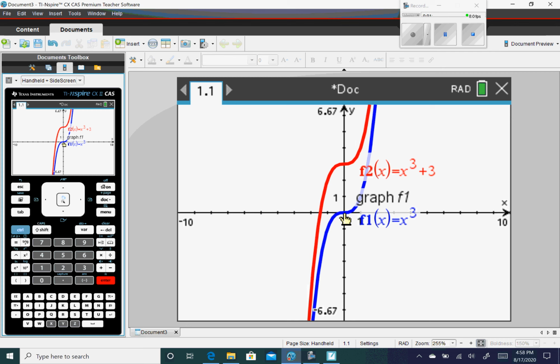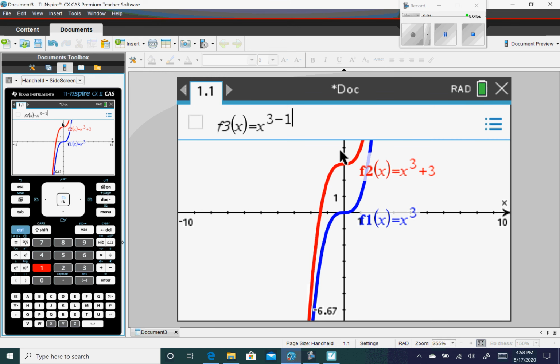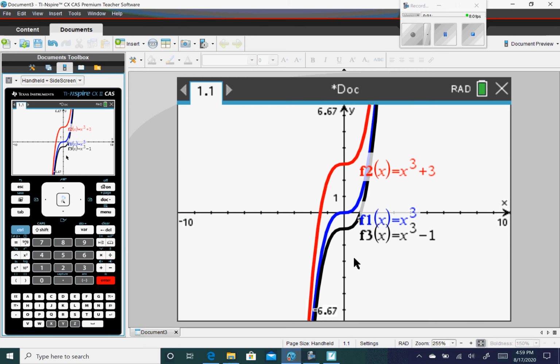So if we're looking at where this goes across to turn up at 0, 0, next it's at 0, 3, and then if we see x cubed minus 1, we'll see a shift of 1 unit down, as we see right here. So nothing physically has changed in the direction or the shape of the graph. It has just been shifted up 3 units or down 1 unit.